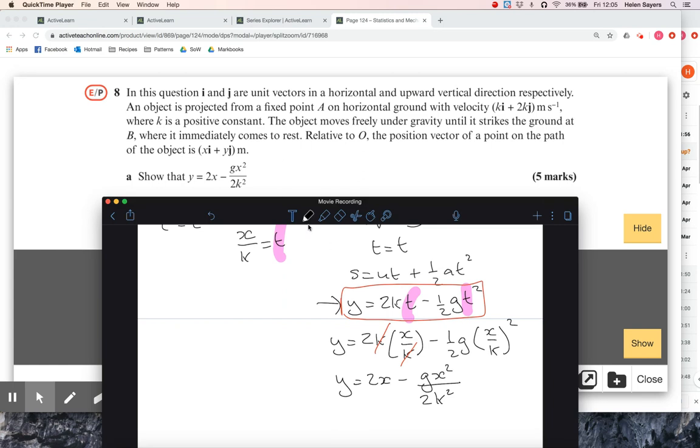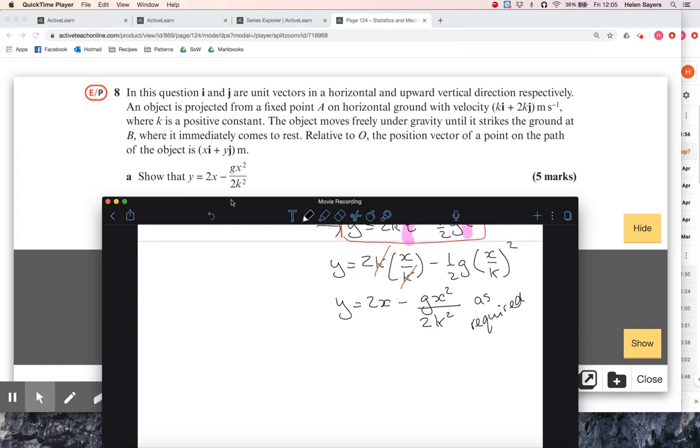So quick double check, not lost any negatives or anything. Nope, we're good. So just to show I've done it, we'll put 'as required'. Okay, so not bad actually. It looked a bit unusual to start with, but I think that was probably a little bit nicer than some of the earlier questions in this exercise.